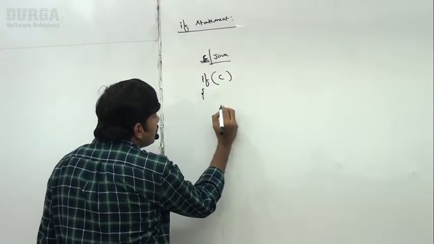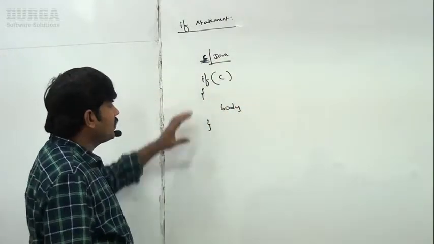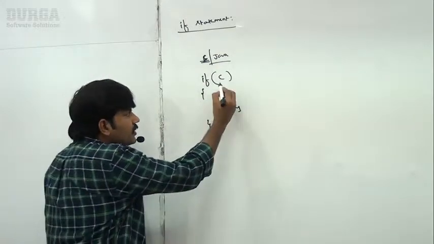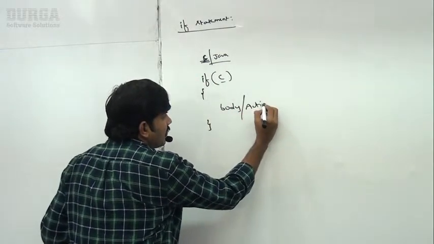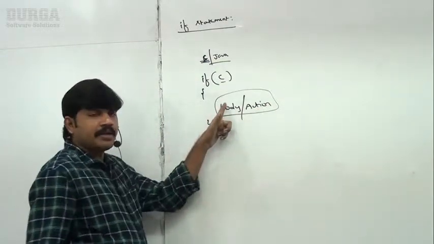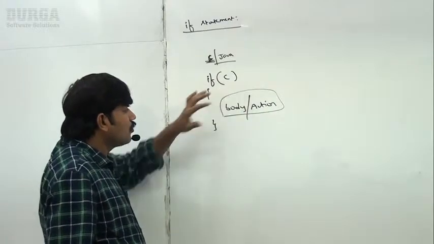If some condition, sir, this is the body we have to take. If some condition, this is the body, sir. If this condition is satisfied, then this action we have to perform. If this condition is not satisfied, then it is not going to do.